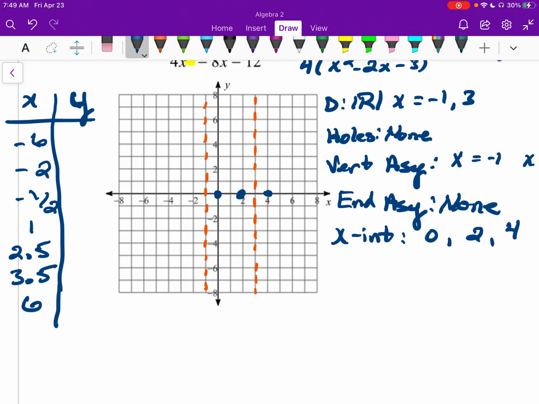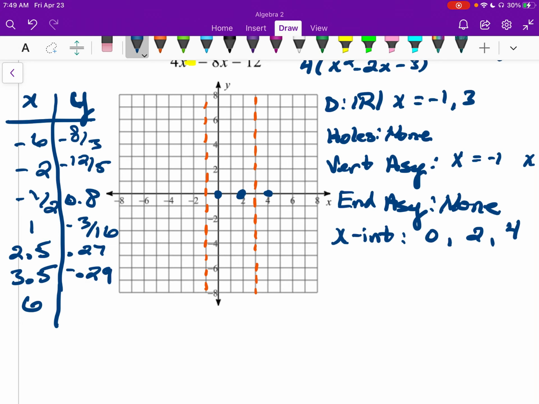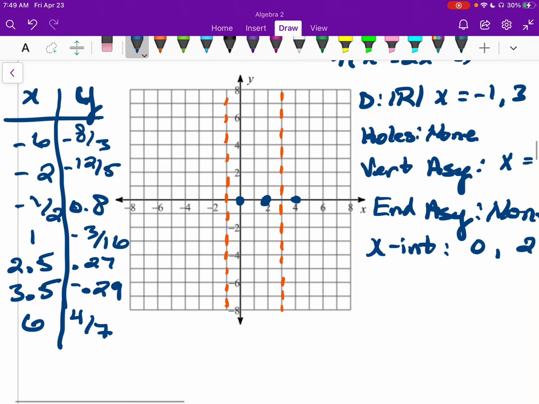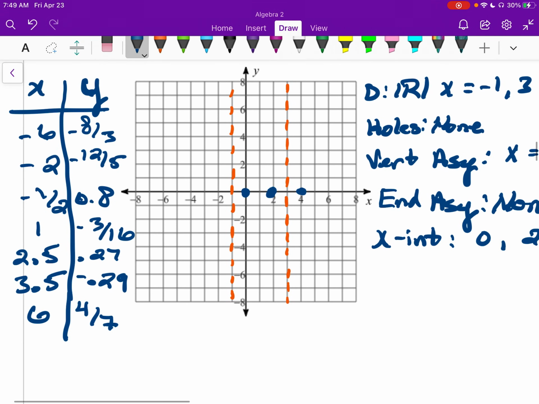All right, whenever I type these in, I got -8/3, -12/5, 0.8, -3/16, 0.27, -0.29, and 4/7. All right, we need to sketch these roughly. -8/3 is going to be, what is that? Almost 3. 2 2/3.